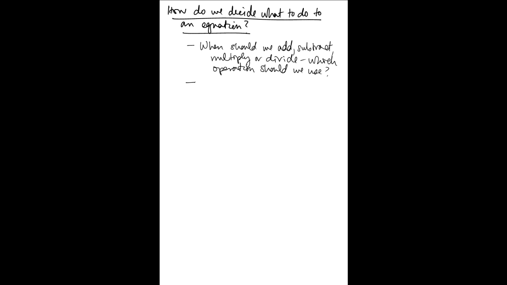And how do we pick the number that we actually add, subtract, multiply, or divide, or the expression that we actually add, subtract, multiply, or divide to each side? So these are the big questions. And in order to answer them, we need to think about what specifically we want to move in that particular equation.